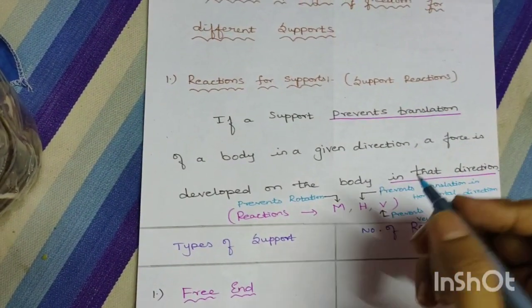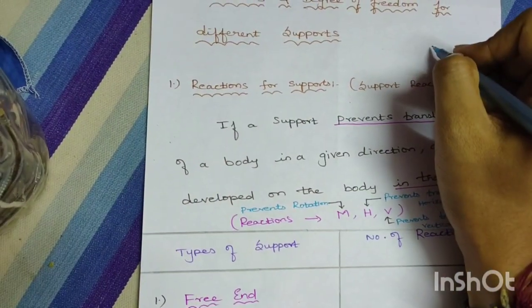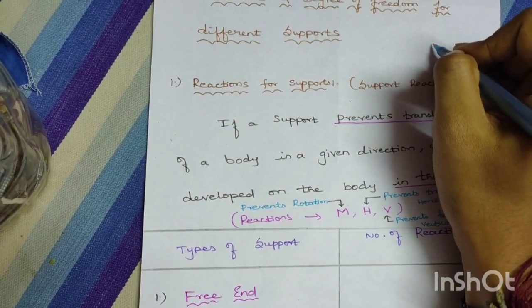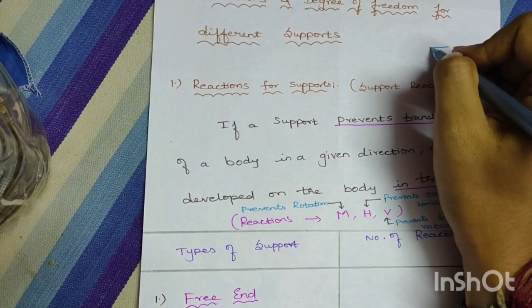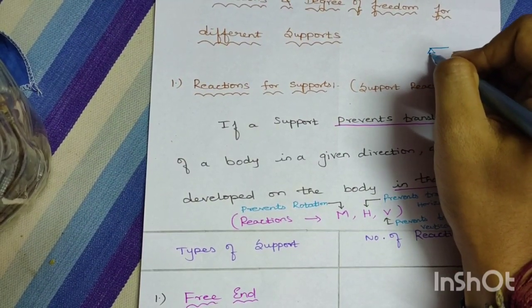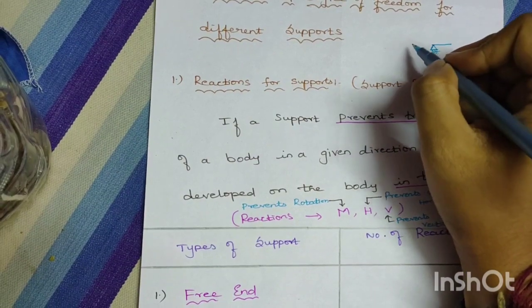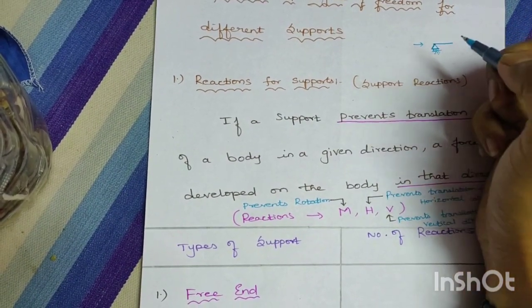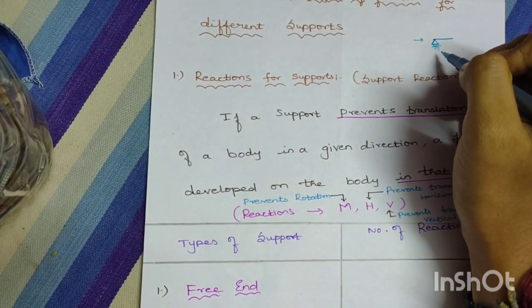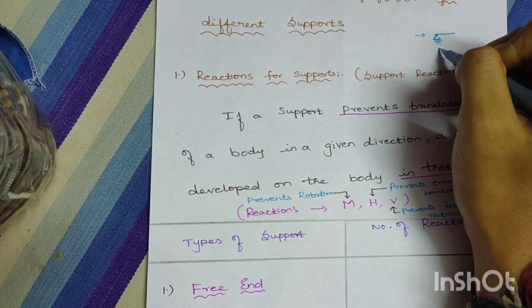If I have any body which is allowed to move in any direction, for example in this roller support, the roller support can move in the horizontal direction, but it can oppose in the vertical direction.